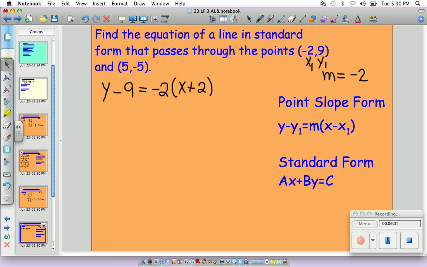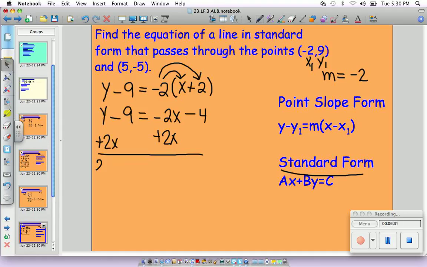At this point, I want to rearrange it so that it is in standard form. So I'm going to start by using the distributive property. Y minus 9 is equal to negative 2x minus 4. To continue rearranging, I'm going to move the x part so that it's on the same side with the y part.